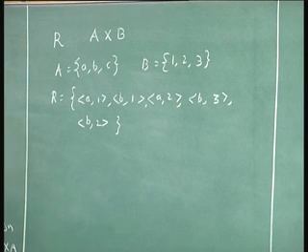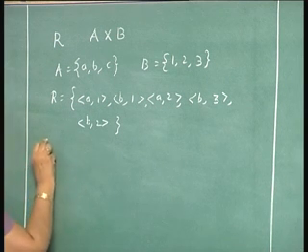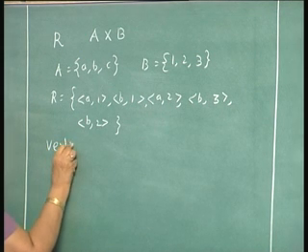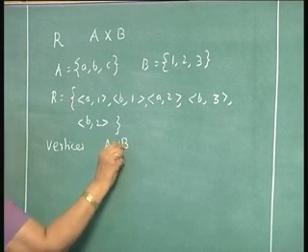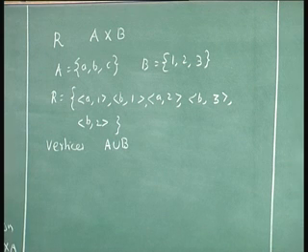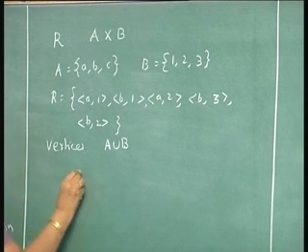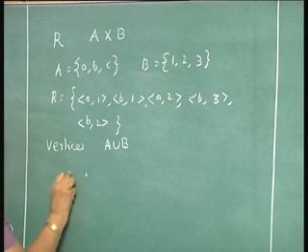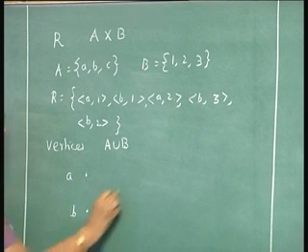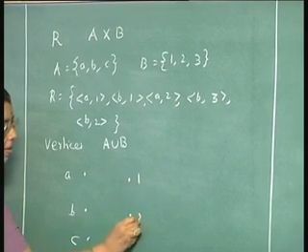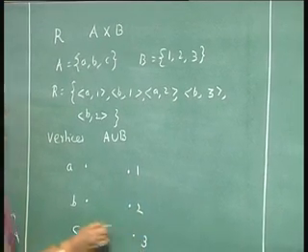Then you represent it as a graph where the vertices are A union B and the edges are represented from A to B. So, the binary relation will be represented by a graph like this: 1, 2, 3.